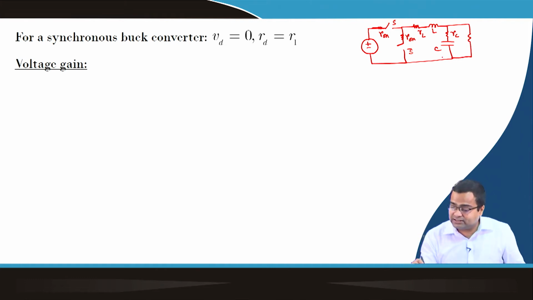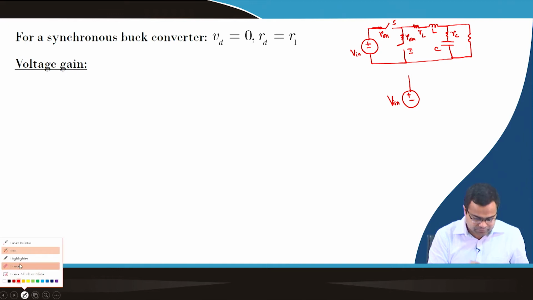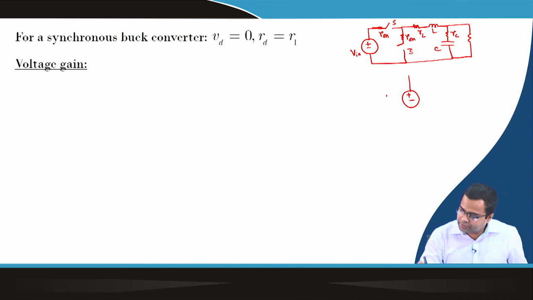Now the DC equivalent circuit will be what we saw. So this is my Vin, and this resistance is my R equivalent, and this is my resistance, and this is my voltage.